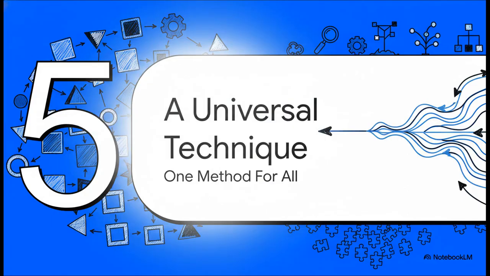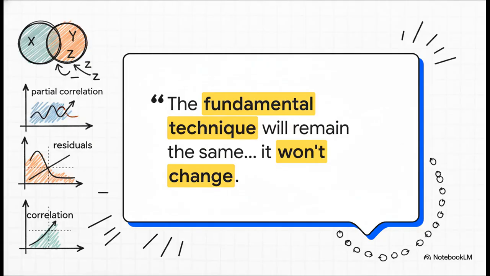And here's the really cool part. This isn't just a one-trick pony that solves this one specific problem. Oh no, this is a fundamental technique that you can use pretty much anywhere. And this is such a powerful idea once you really get this core logic. Regress, find the residuals, correlate the residuals. It's a tool you can always count on. It's not going to change on you.